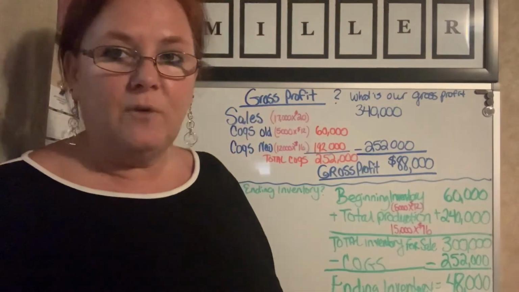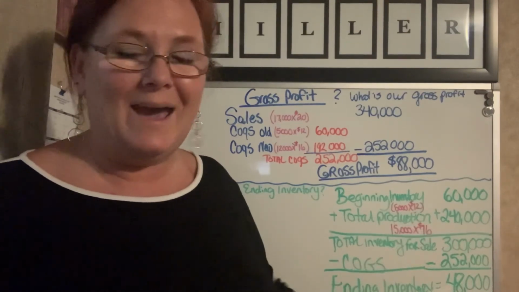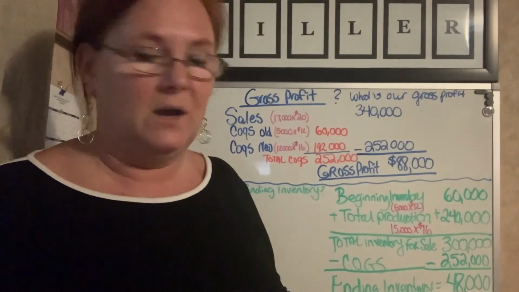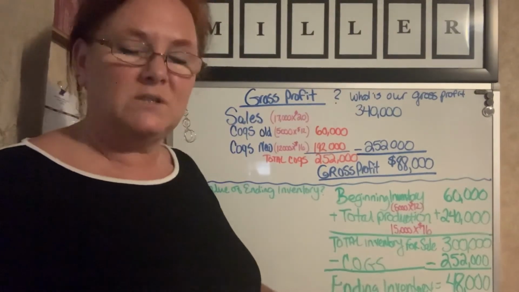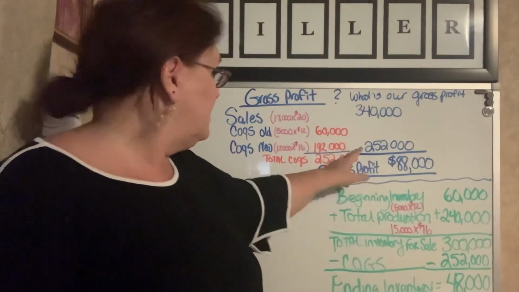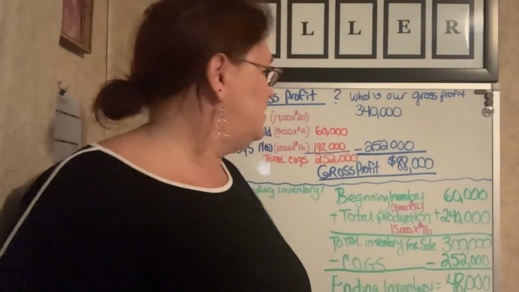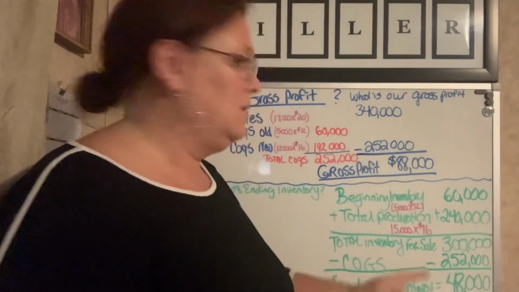Multiply it, it's 240,000. 240,000 new inventory added to the old inventory. 240 plus 60 equals 300. So the $300,000 is your total inventory for sale, or your cost of goods available for sale. Subtract the cost of goods sold that we calculated up here, just 252. So it's just an addition and a subtraction, gives you your ending inventory.